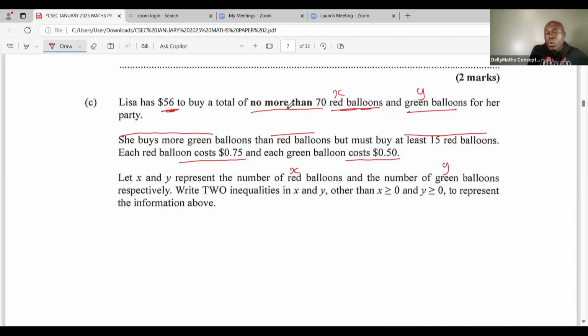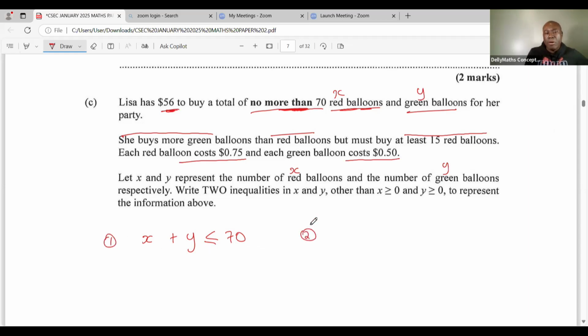We could look at the total number that we must have. We're not going to buy more than 70, so x plus y must be less than or equal to 70, because we're not going to buy more than 70 red and green balloons. So 70 is our marker.